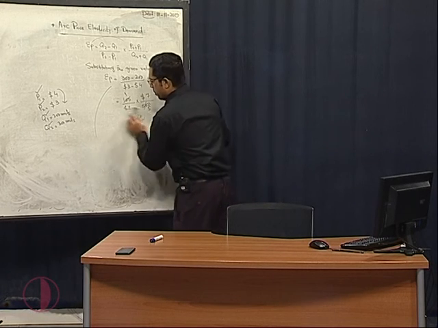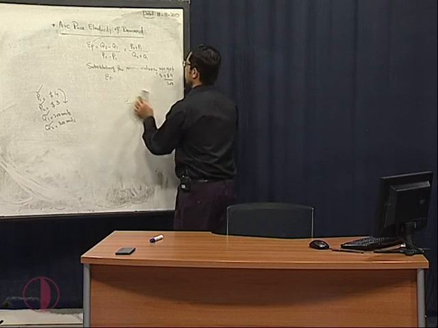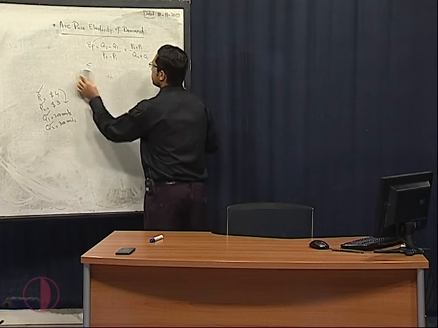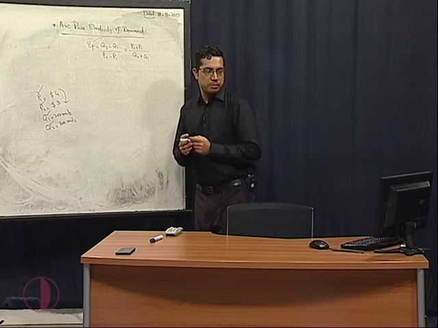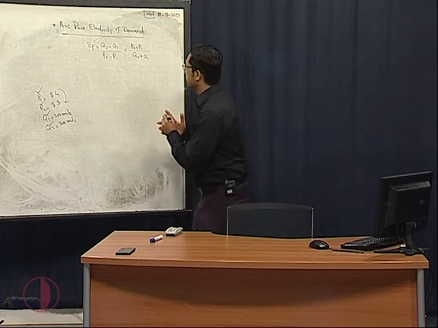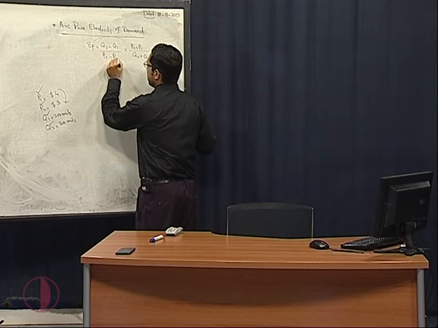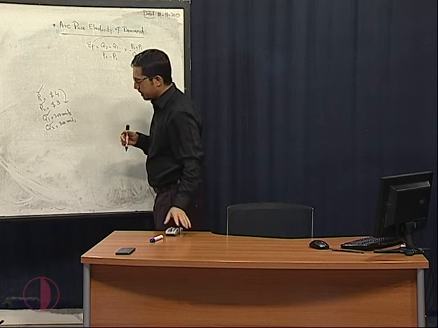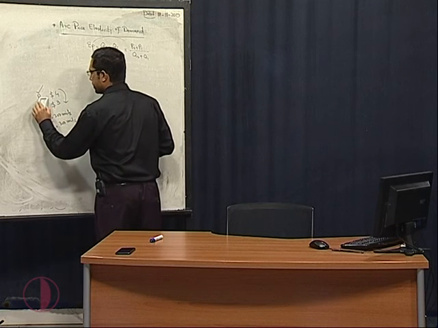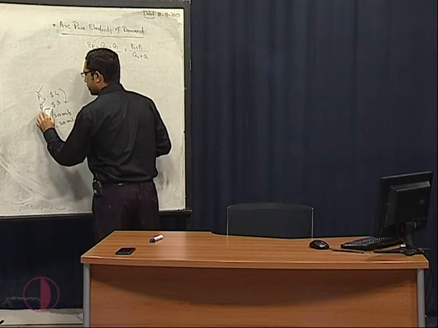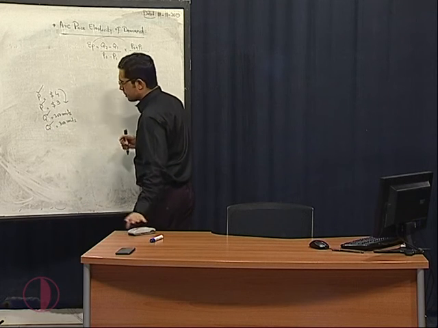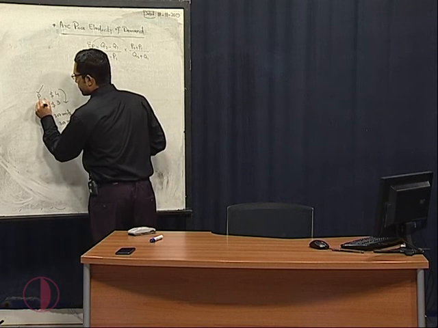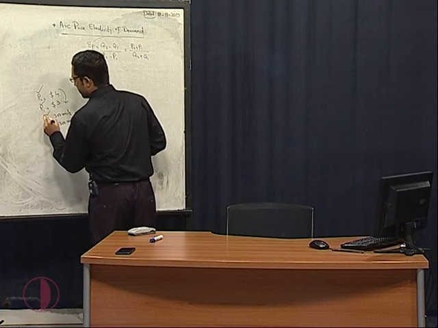Now we are going to check for the inverse case. Inverse movement means now I am changing just these subscripts. This was P1, now this is P2 and this is P1.